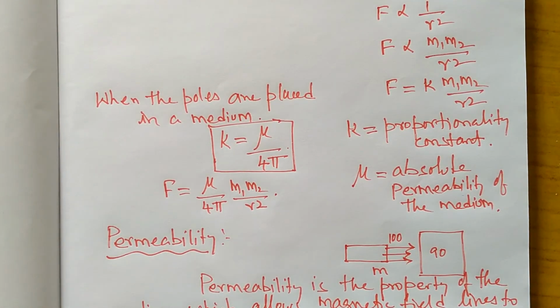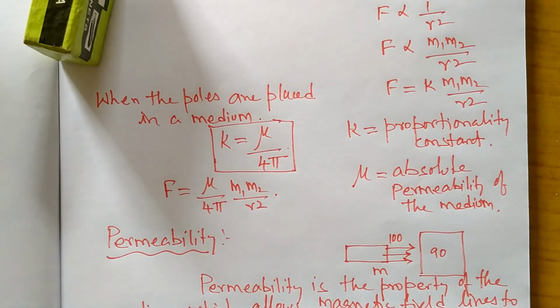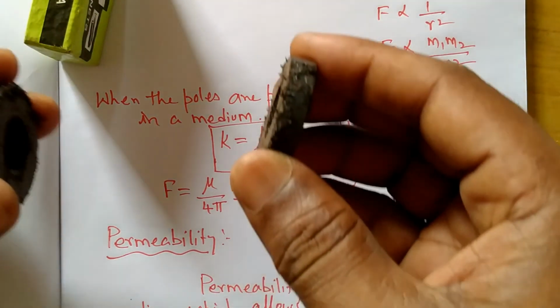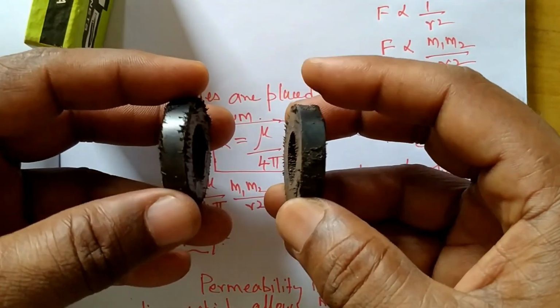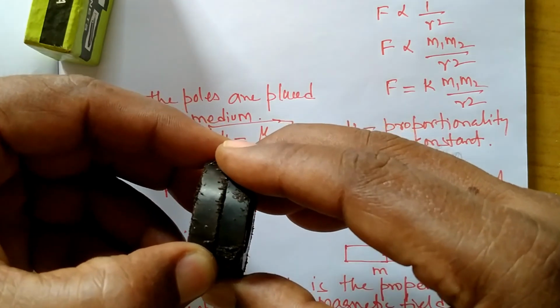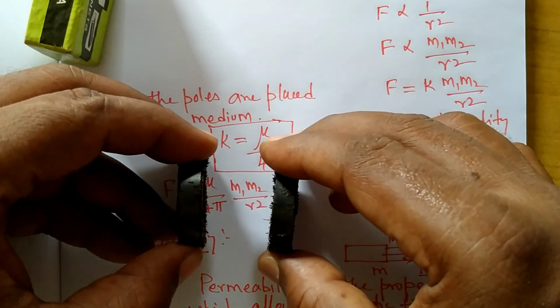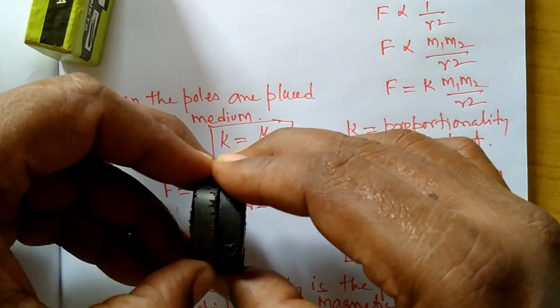Suppose here I have taken two magnets. What is the medium in between these two magnets? Air is the medium. So if I place them at a considerable distance, the force of attraction or repulsion is more.